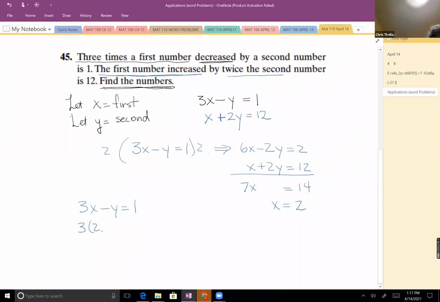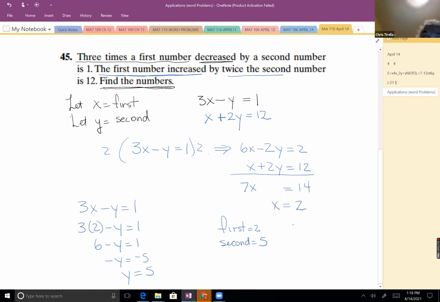X is 2. 3 times 2 minus y equals 1. 6 minus y equals 1. Subtracting, I get negative y equals negative 5. So y is 5. So my first number is 2, my second is 5.